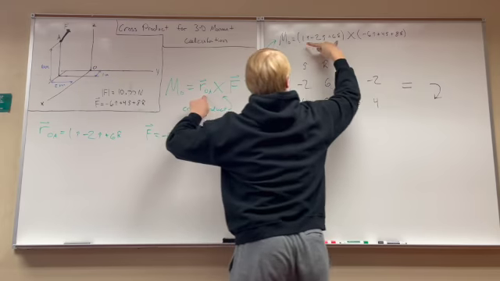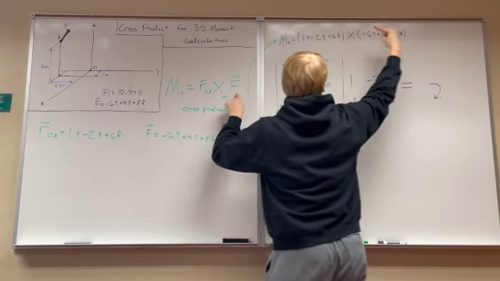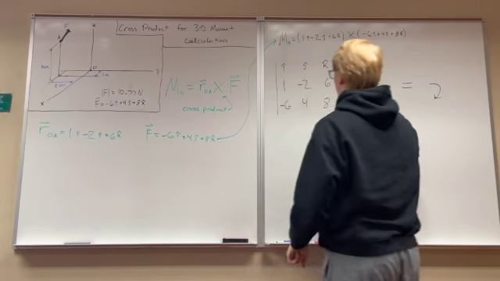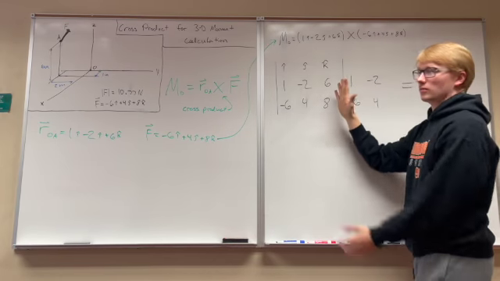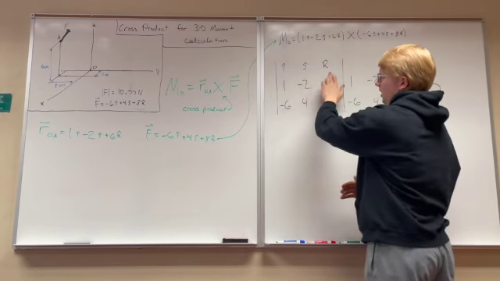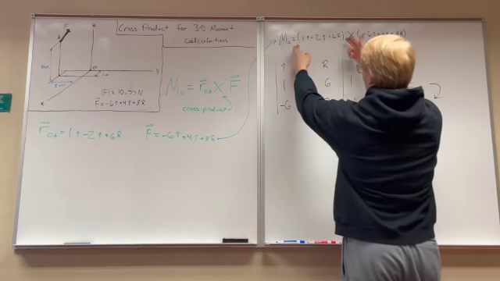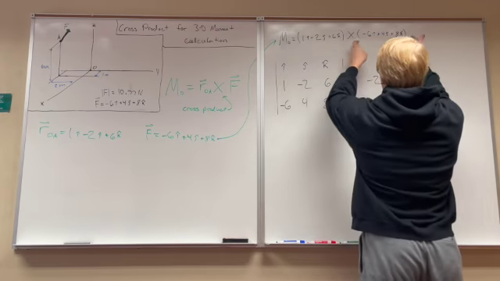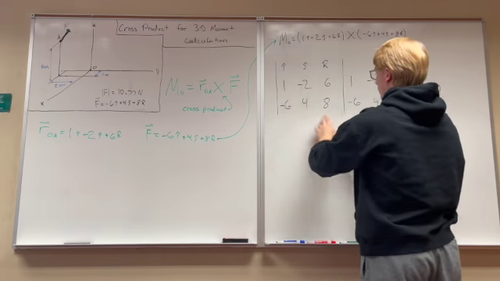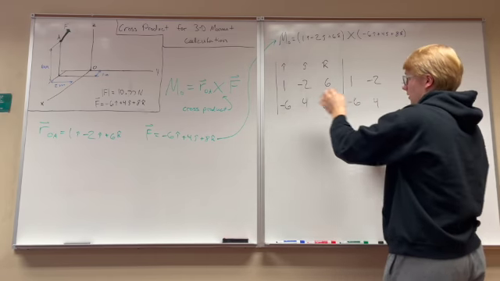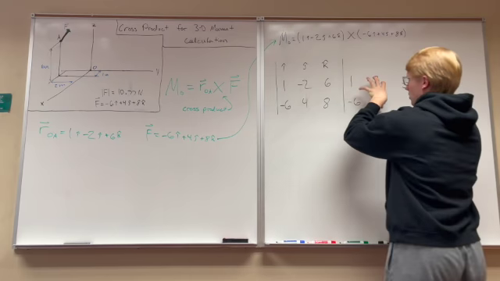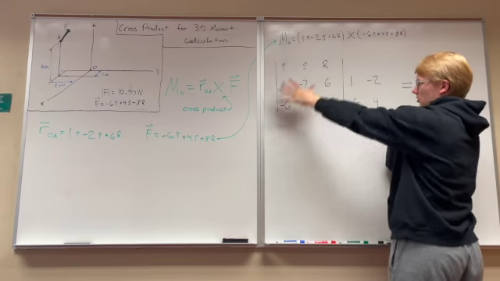This right here is this, and this right here is this. We're going to take the cross product. So what you do is make a matrix, right? You put i hat, j hat, k hat at the top, and then you put the first term in the middle and the second term on the bottom. And then copy these four right here to make this shape here.